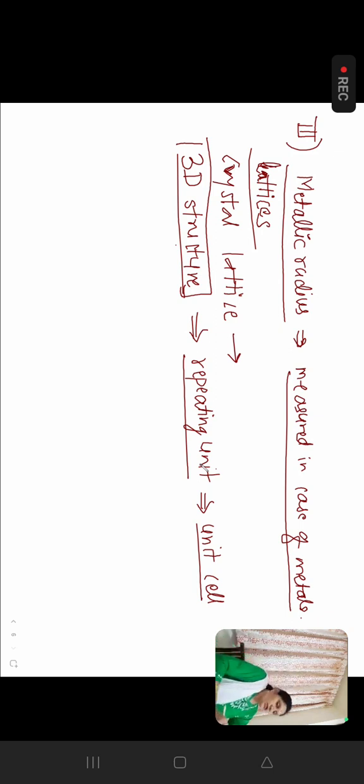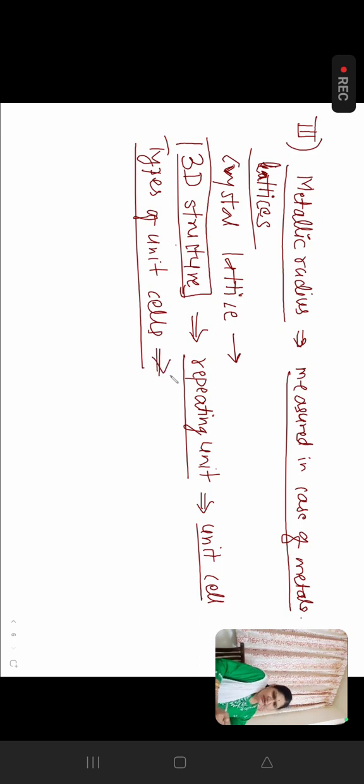Now there are again many types of unit cells. Any crystal lattice consists of one repeating unit, and that repeating unit is called a unit cell.